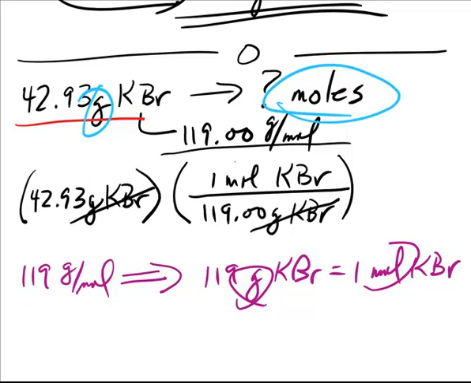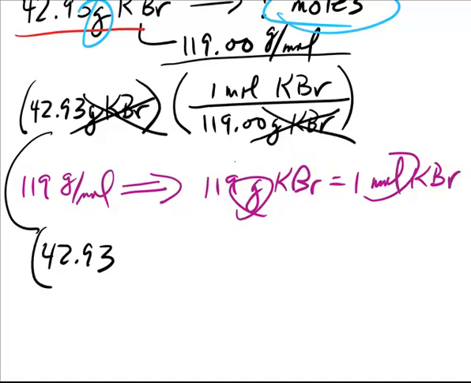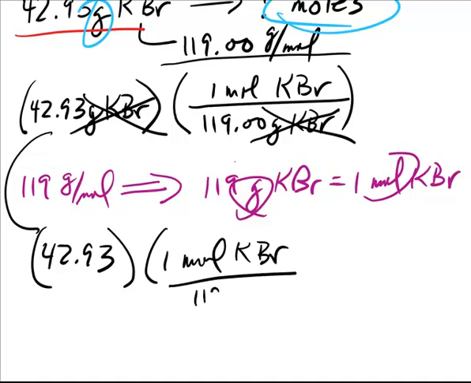Let's pick up where we left off here. That I had 42.93, and again, my unit is canceled, so I don't have a unit on 42.93 anymore, and I have 1 mole of KBr over the 119.00 because the unit canceled, but the number is still very real.